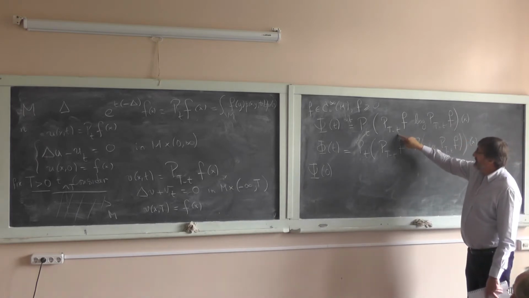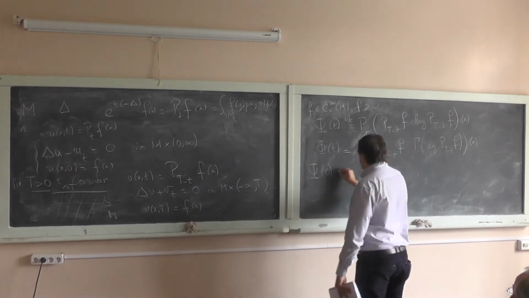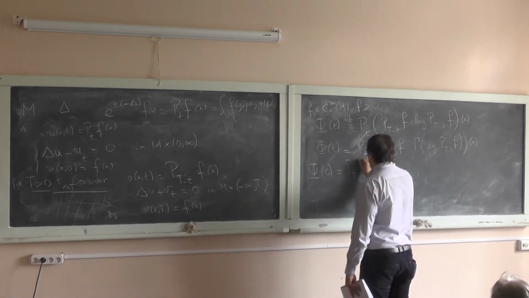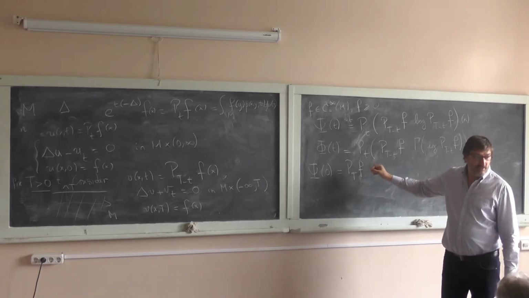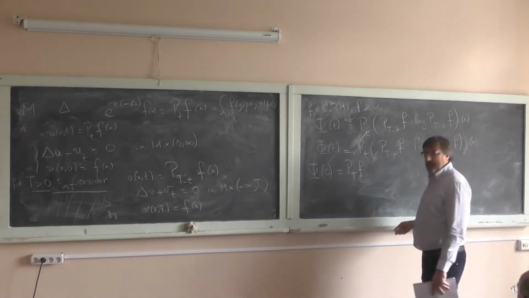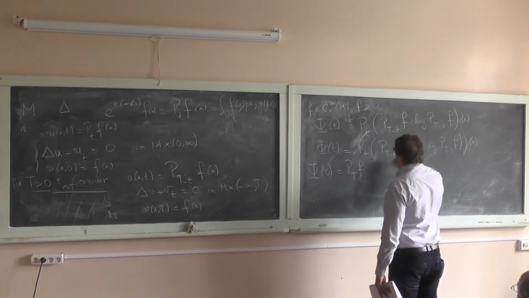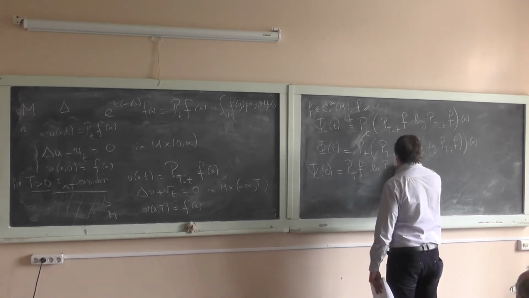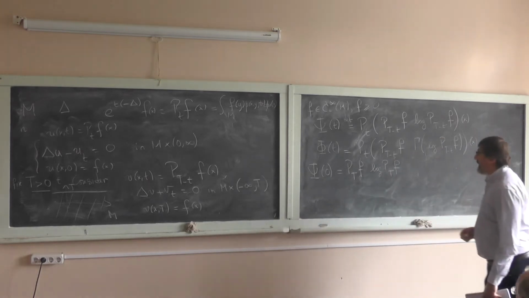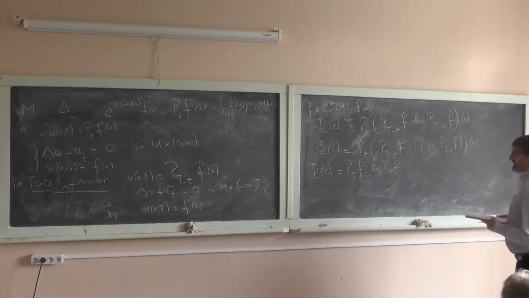When t is equal to 0, I pick up P_T f, so this is equal to P_T f. I will omit x. Everything is calculated at x, so for simplicity, I omit that. And then I have log of P_T f. So that's what we get at 0.